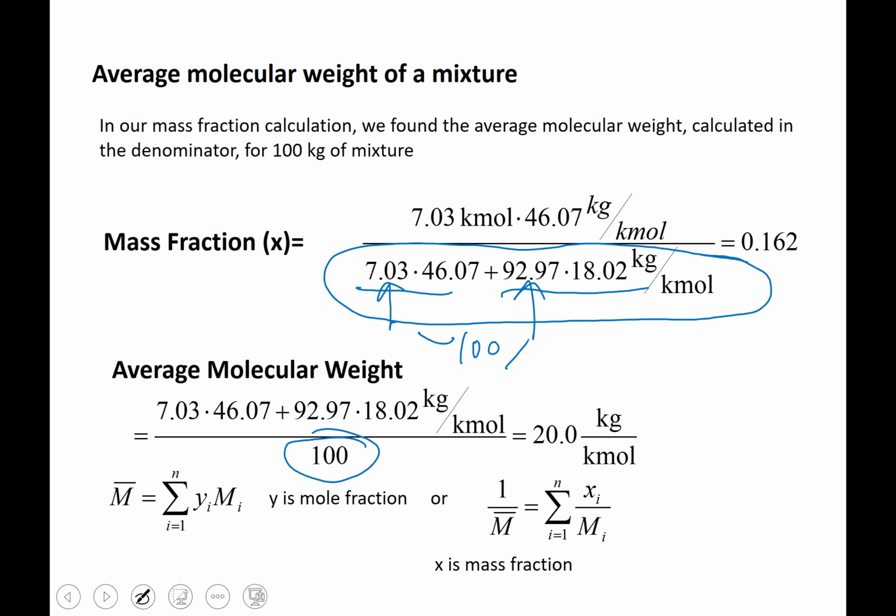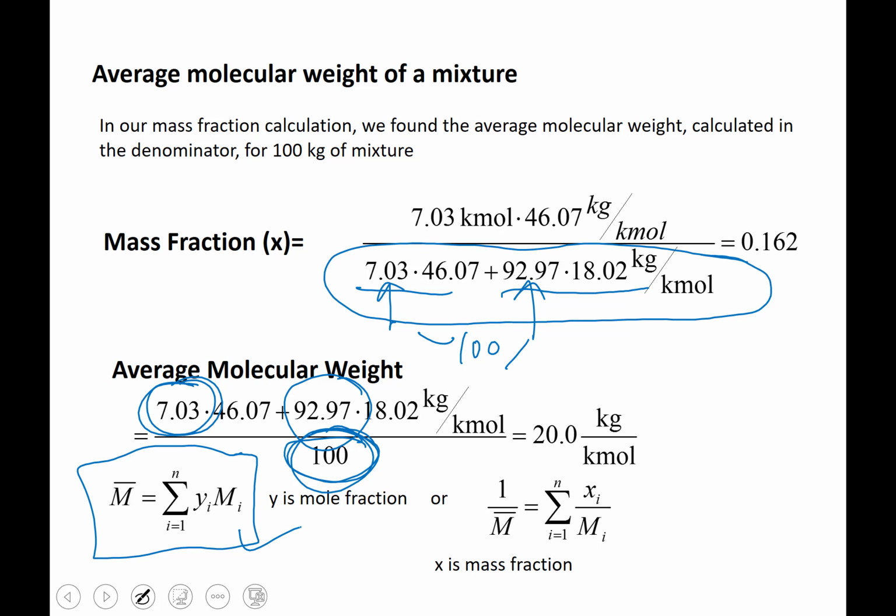So this is the formula written out in a summation: the sum of the mole fraction times the molecular weight. In our case, we multiplied by moles, but essentially 7.03 divided by 100 is the mole fraction, and 92.97 divided by 100 is the mole fraction of water. So we did the same thing as in this calculation.